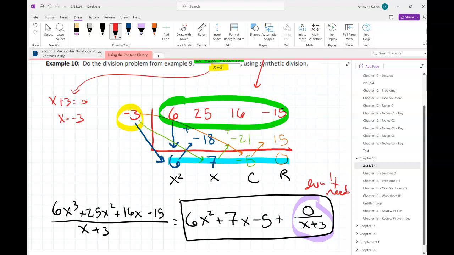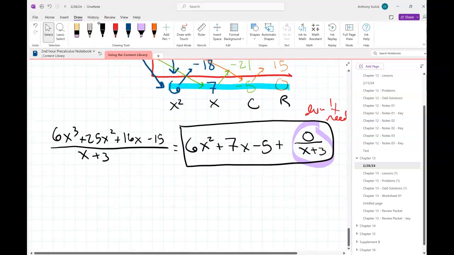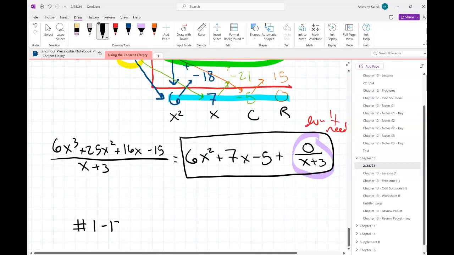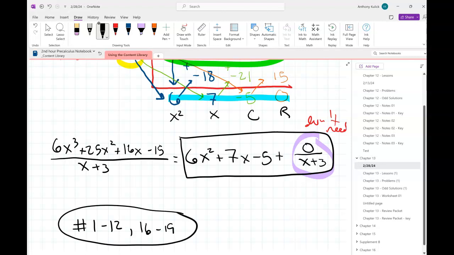Okay. This is where I want to stop today. For your homework, you guys should be able to do, let's see, 1 through 12 and then 16 through 19.